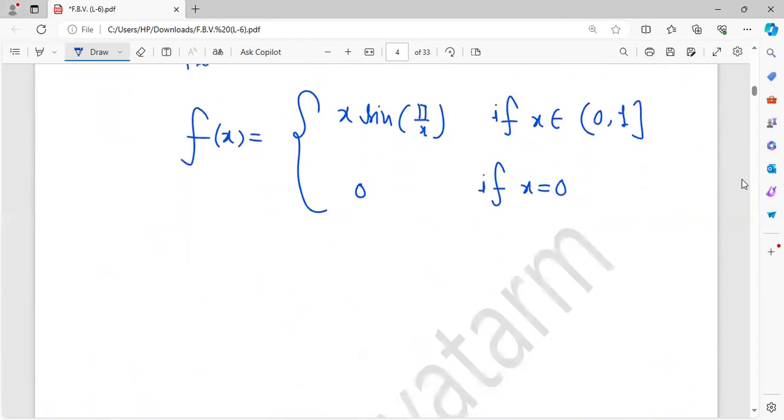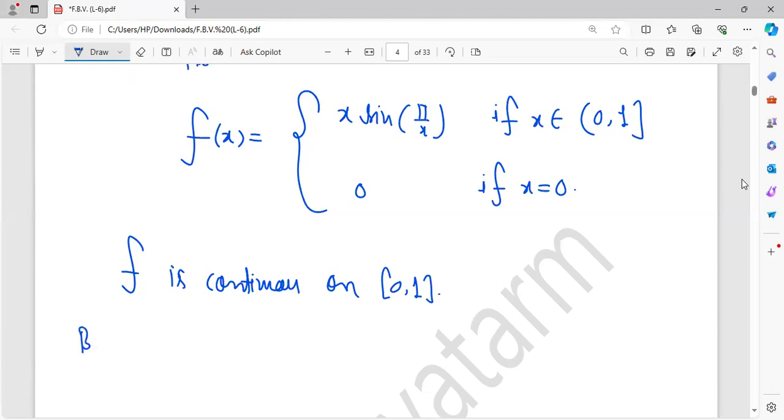So what we have: F is continuous on the closed interval 0, 1. And what is the statement of the Weierstrass approximation theorem? If you have a continuous function on a closed interval AB, there is always a sequence of polynomials converging uniformly to F on that closed interval. Now the same situation is here: F is continuous on closed interval 0, 1.